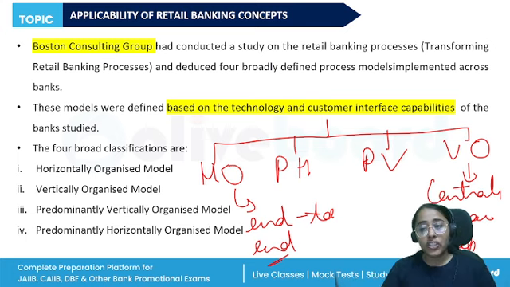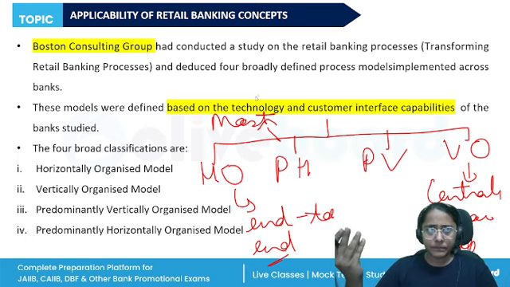Predominantly horizontal means for most of the products, end-to-end processing and separate process models will be there, with some common information. For example, the credit score will be common for all types of loans.